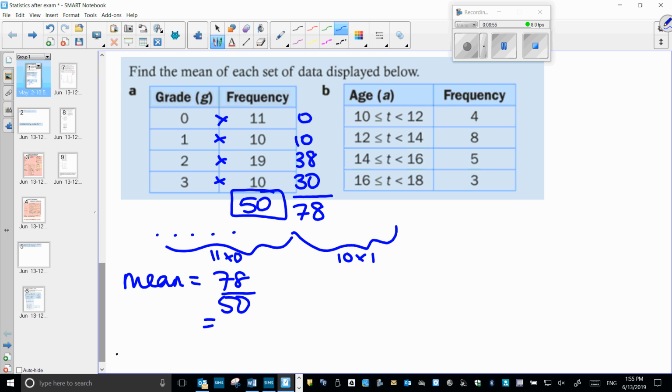1.56. Wait, but the zeros don't count, do they? Yes, they do. But they don't add anything to it. However, for example, if I said how many siblings do you have?